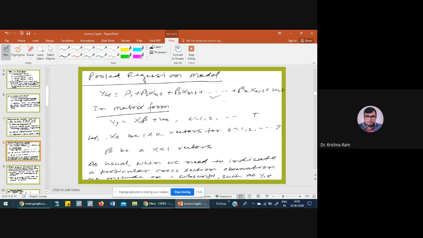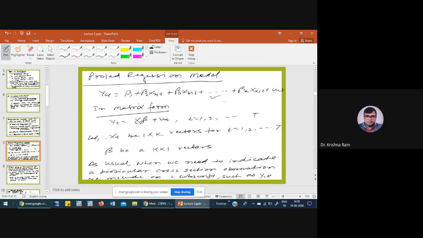In matrix form, you can write this as y_it equals x_t beta. Here x is a vector of explanatory variables, written in matrix form. In books you will find this in bold. Beta is the parameter of interest, and u is the error term.